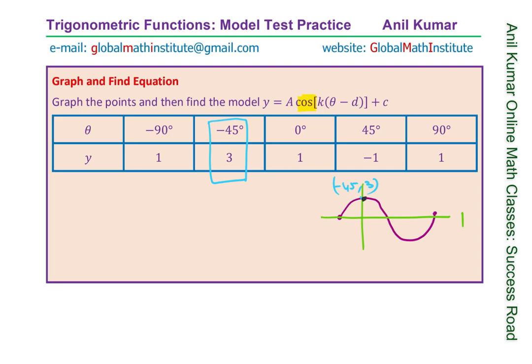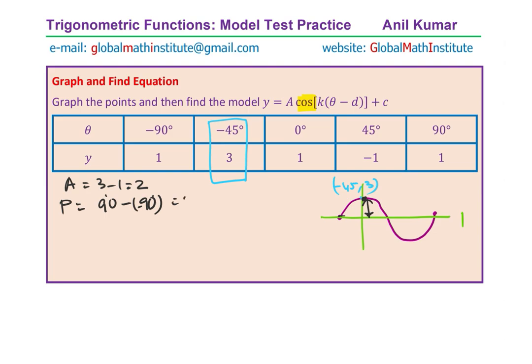In this case, you see amplitude remains the same, which is from the axis to this place, 3 minus 1 equals 2. The period is also the same, one full wave, which is 90 minus minus 90 degrees, which is 180.